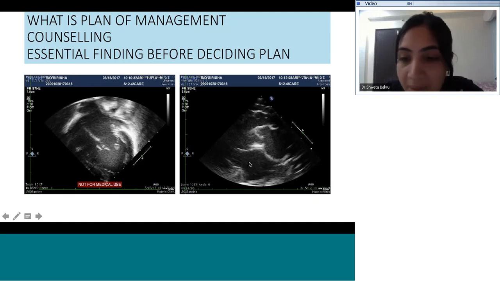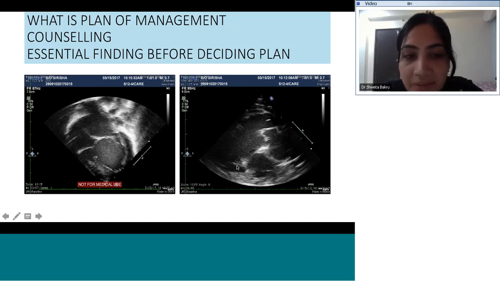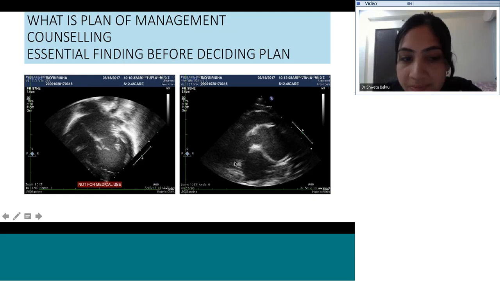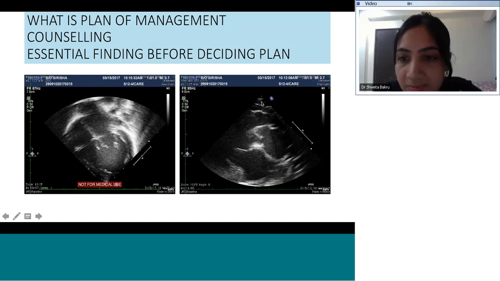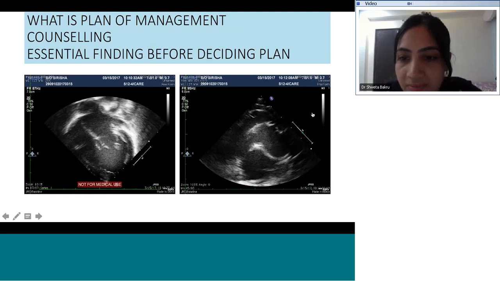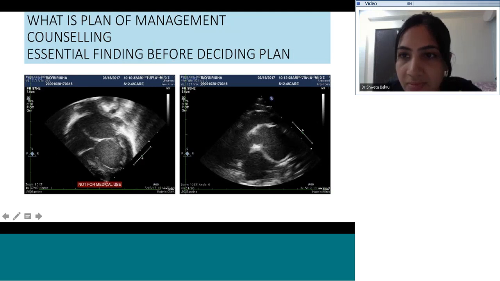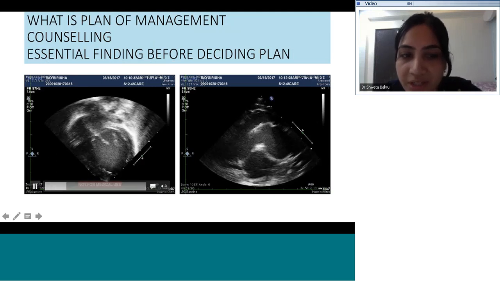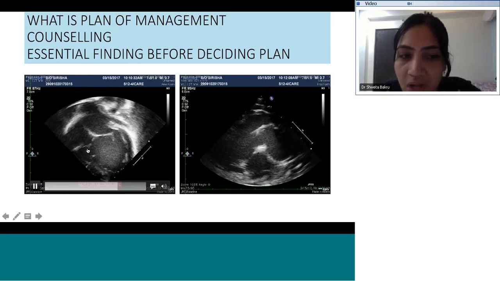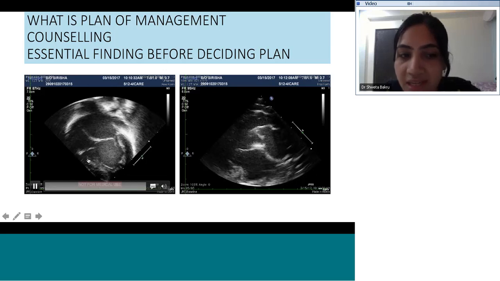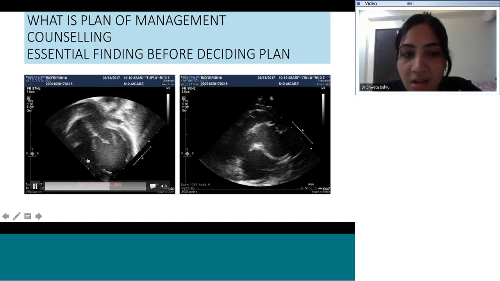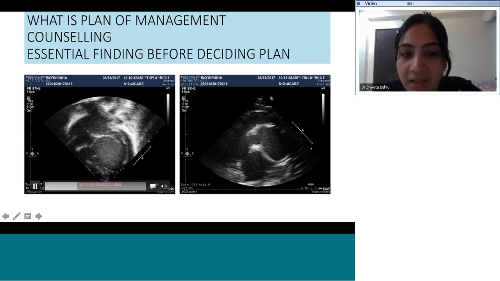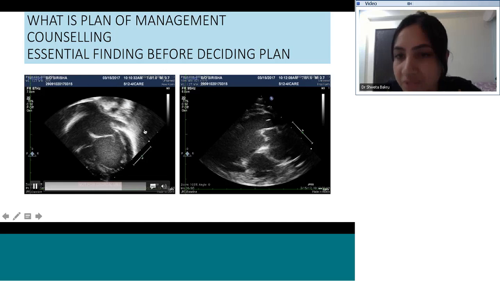So I'm asking all the participants whether it confirms your previous diagnosis or not. Yes, so this is a double inlet ventricle, and this small right-sided chamber, as we can see, is a rudimentary chamber, and the dominant ventricle is a left-sided ventricle.